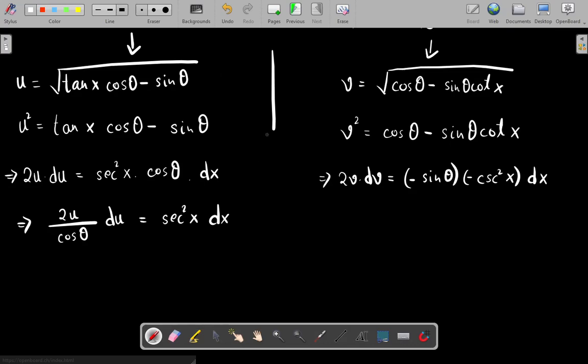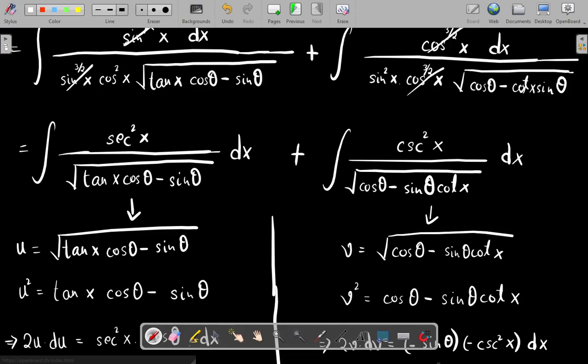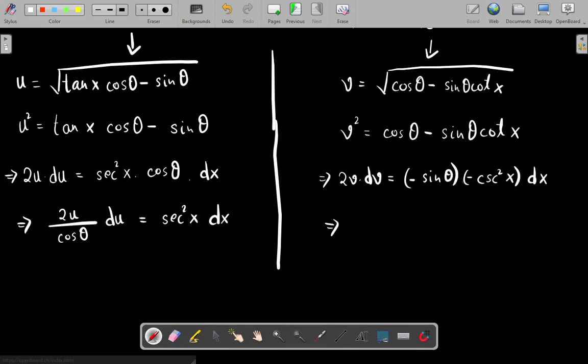Okay, so this is for this first integral. Similarly here we have cosec square x dx in the numerator of the second integral, right? So the product becomes positive here, and we are keeping this cosec square x dx on one side. So we have 2v upon sin theta dv is equal to cosec square x dx, right?